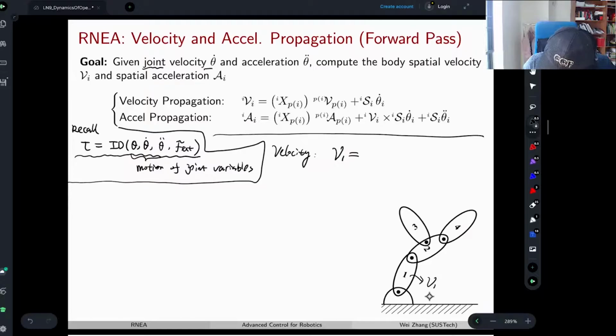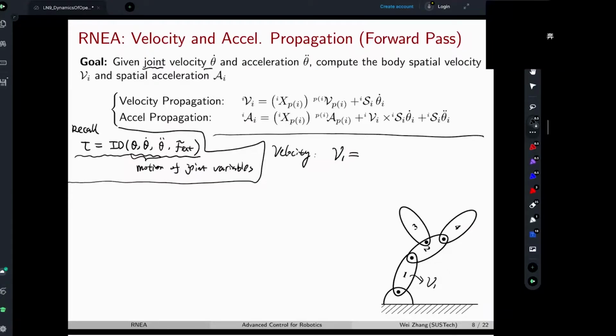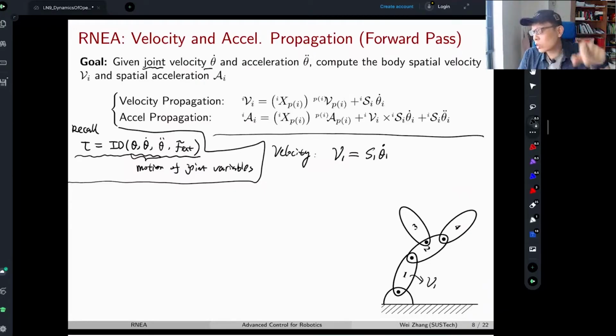How does v1 relate to all the joint variables? Body 1 is moving, and that motion is due to which joint? Joint 1. So v1 is nothing but S1 theta1 dot: the screw axis times how fast you rotate about that screw axis. That gives you the rigid body velocity of body 1. Here it is coordinate free.